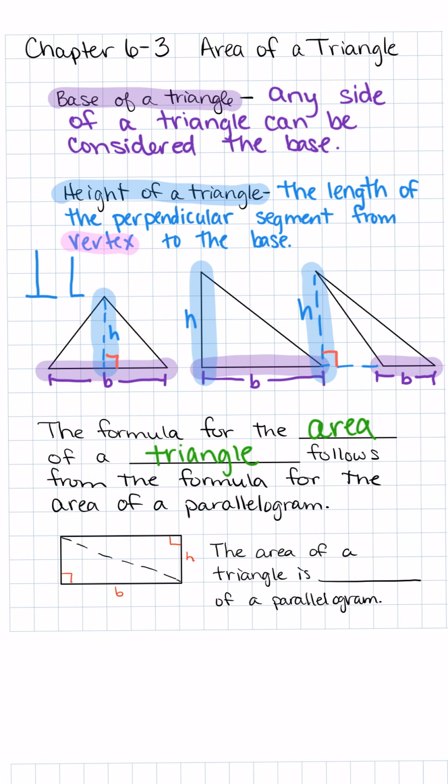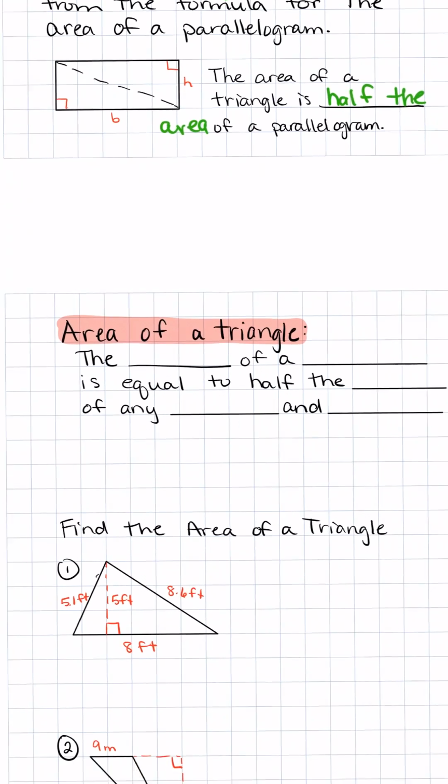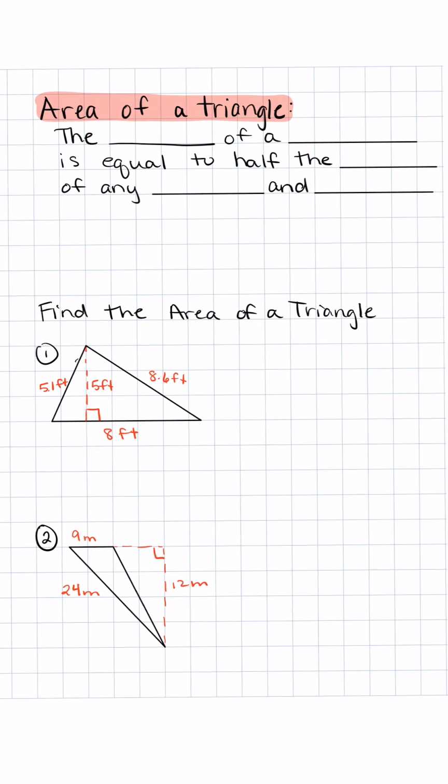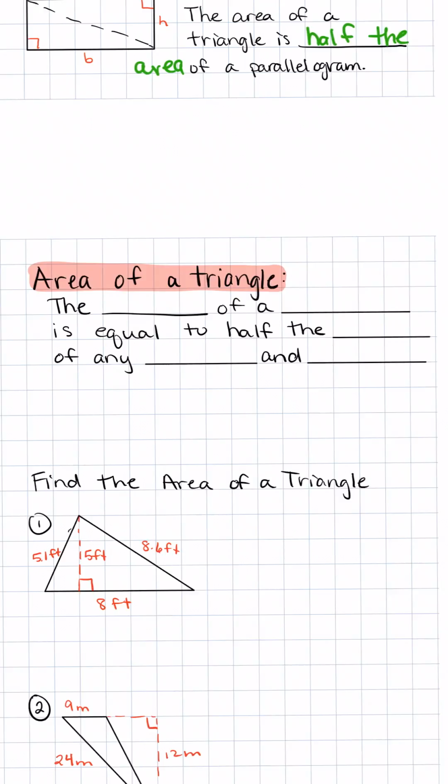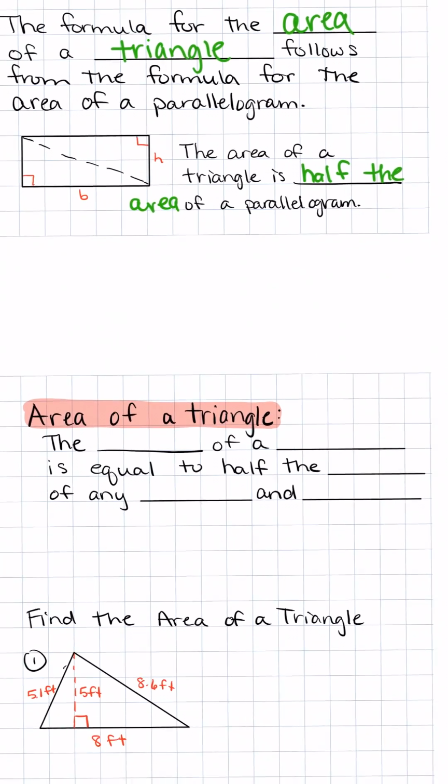So if that is split in half, then the area of a triangle is half the area of a parallelogram. So if we look down here, the area of a triangle, sorry, did you guys get that? Half the area of the parallelogram.